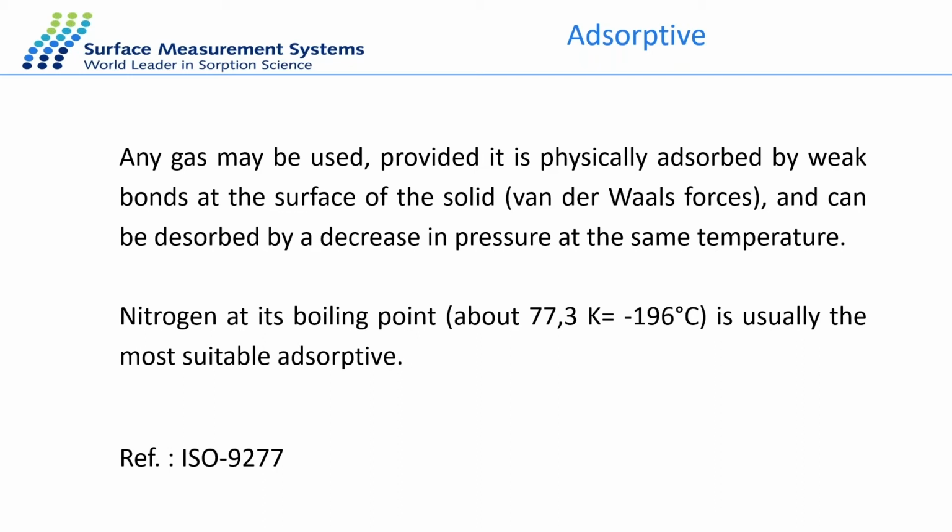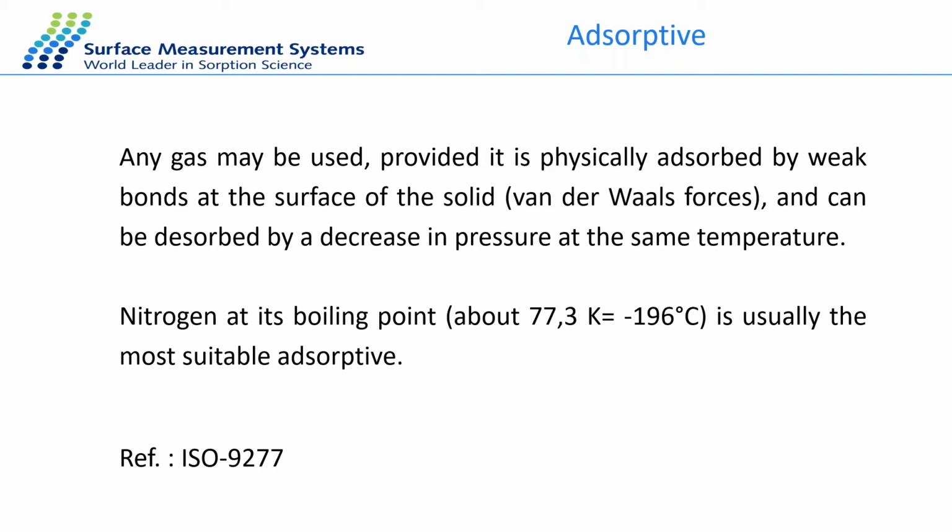The gas, the adsorptive, can be any gas which physically adsorbs on the solid surface, which means a weak bond, van der Waals forces. It also means that at the same temperature, it can be desorbed from the surface. Nitrogen adsorption measurement is carried out at 77 Kelvin, the boiling point of nitrogen.